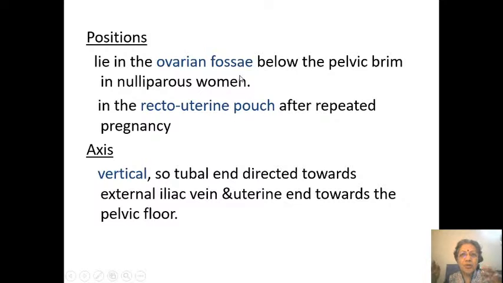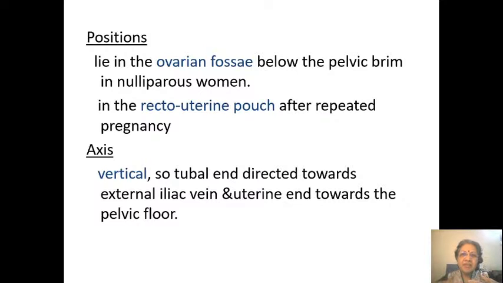the ovarian fossa is the location of the ovaries after birth, from the little baby girl onwards. That is where they will be located. But once the uterus has expanded with the pregnancy, then the relationships of everything related to the uterus shift.